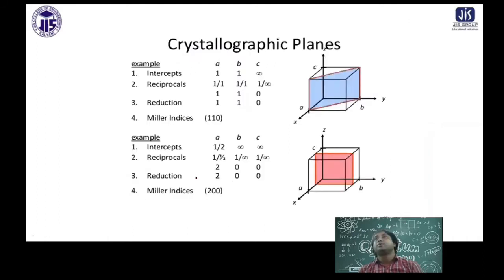So now let me show you some calculations of unit cell. The first one is 1, 1, 1. The intersection is 1, 1, infinity, because this plane is not intersecting with the third axis.